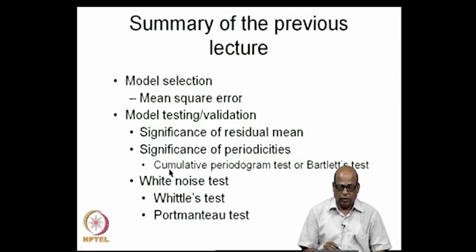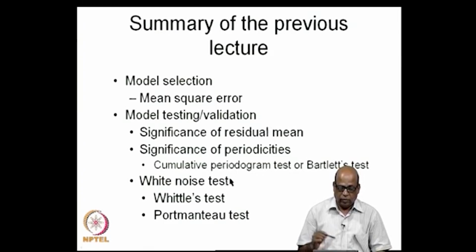We also discussed the cumulative periodogram test, which is also called Bartlett's test for significance of periodicities, where we formulate the cumulative periodogram and then draw the 95% or 99% confidence bands around it. If the cumulative periodogram resulting from the residual series lies within this significance band, then the series passes the test, in the sense that the series does not have any significant periodicities present.